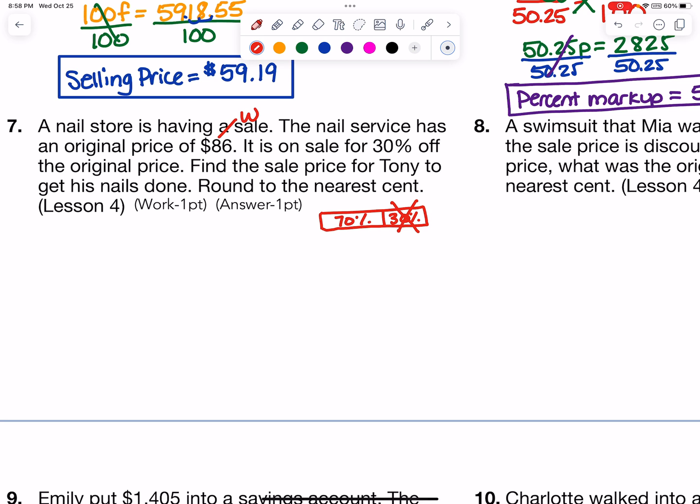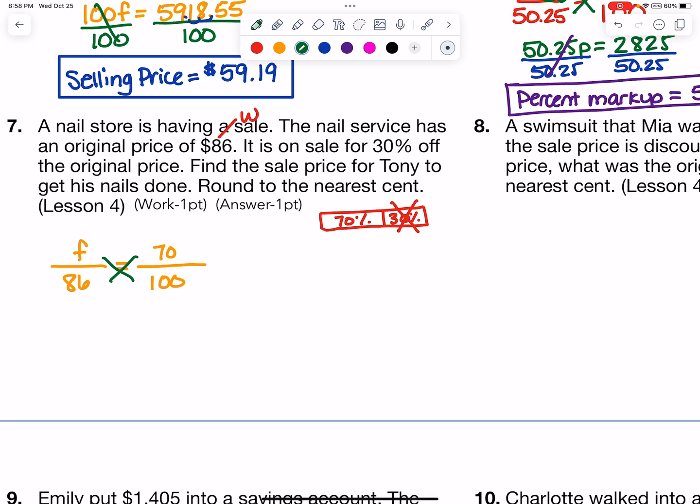So I'm actually going to just find what 70% is. Okay, so let's go ahead and set up your percent equation. I always know this is out of 100. I'm looking for the remaining percentage after I remove the 30. I know my OG was 86, and we're finding the final sales price, so that's going to be my F.